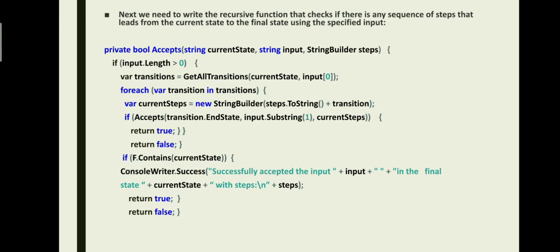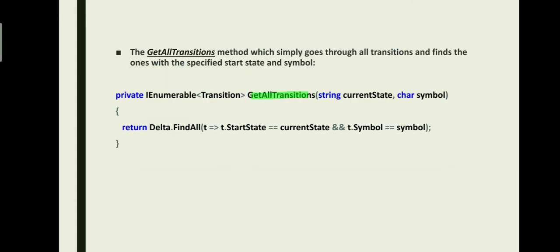So let us move to the last part of the code, in which they have used IEnumerable. What is this IEnumerable? IEnumerable is an interface that defines one method in the C# language. So in this code, it has defined the GetAllTransitions method. Okay, let us go according to the code.